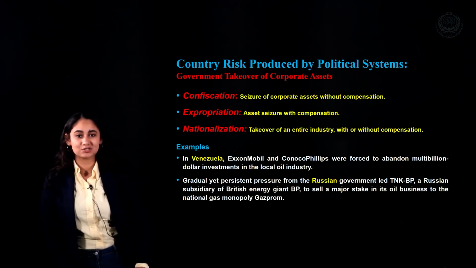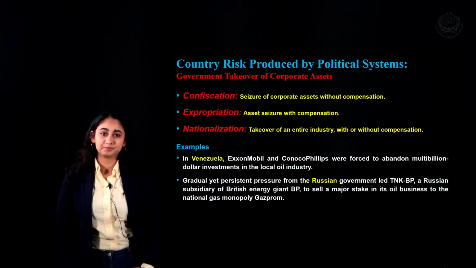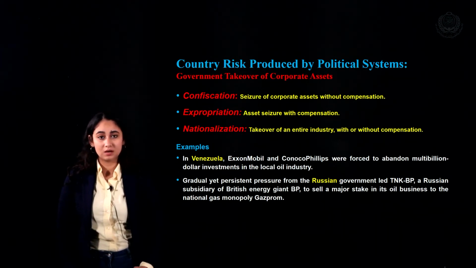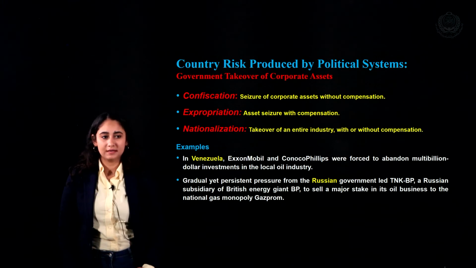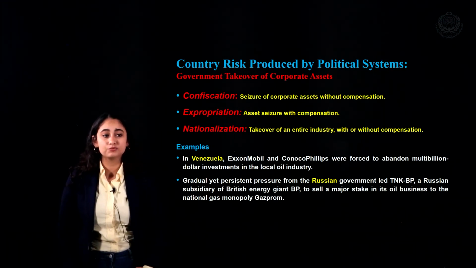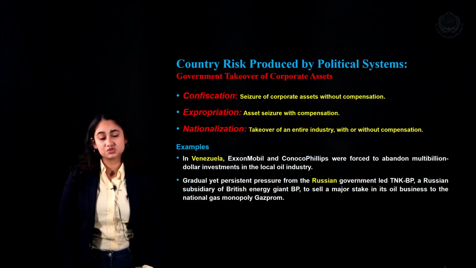This is why it's called nationalization, because the government usually does this for the nation's interest, and this is basically the alibi that they use to cover their movement of doing such a harmful thing. An example is Venezuela, where ExxonMobil and ConocoPhillips were forced to abandon their multi-billion-dollar investment in the local oil industry, where the government took over their business.